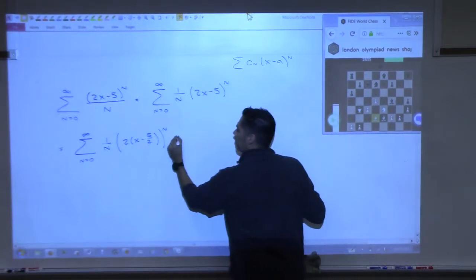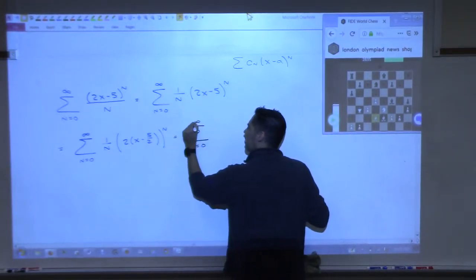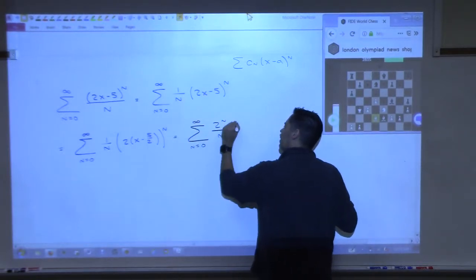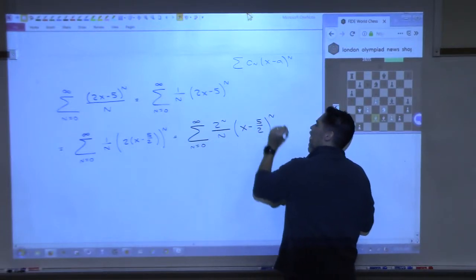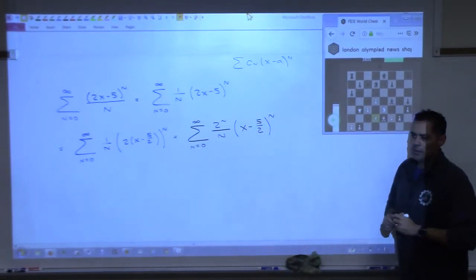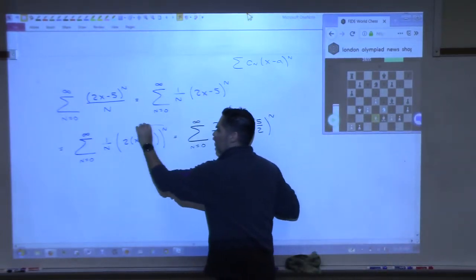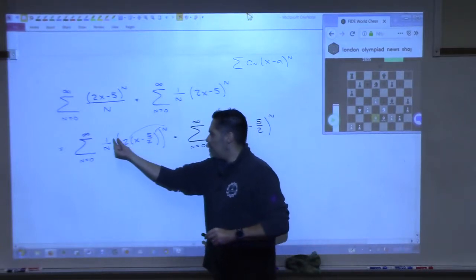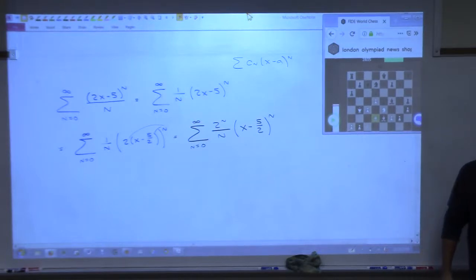So this can become sum n equals 0 to infinity 2 to the n over n times (x minus 5 halves) to the n. Do y'all see what I did with that 2 to the n? This n power went here and here, and then I peeled that 2 to the n and put it up on top. So that's my power series right there.